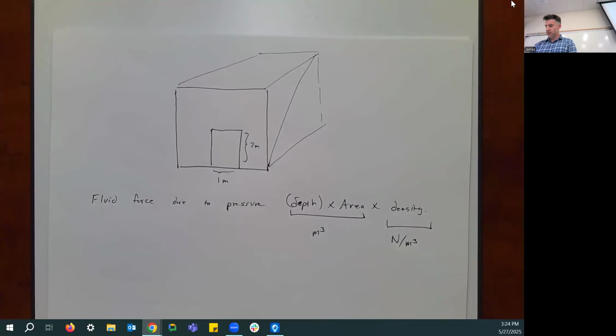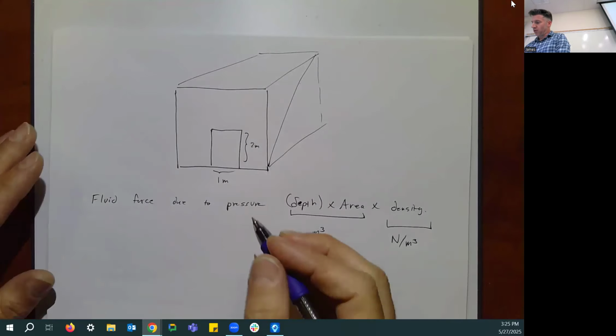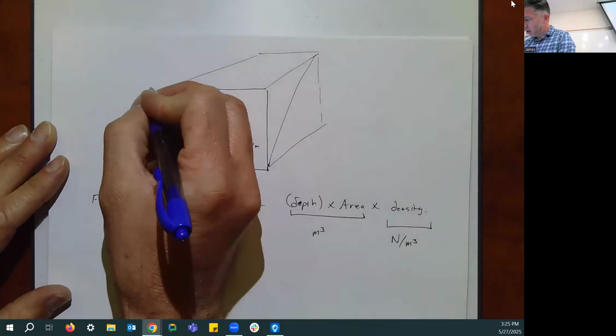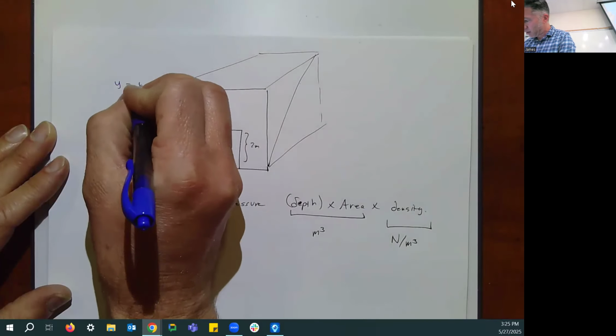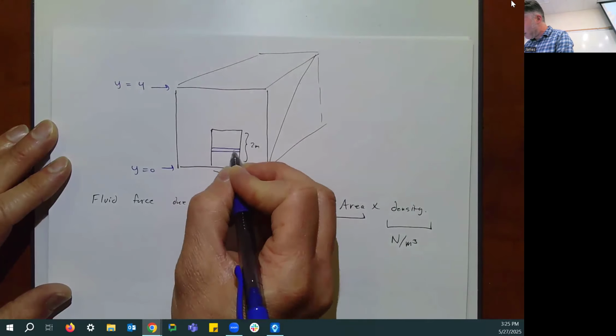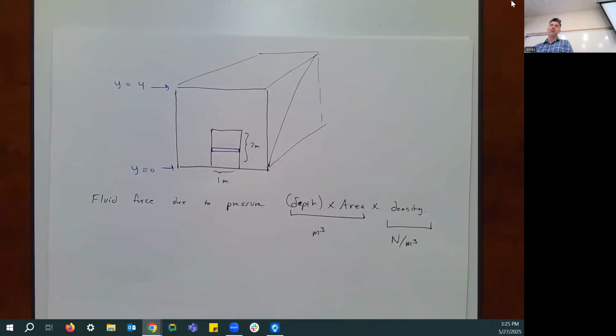Okay, so like in the previous problem, we're again going to think about something at a fixed depth, because that fixed depth is either how far it has to go for a work problem or how much water is on top of it for a fluid force problem. So same deal. Down here at the bottom is y equal to 0. Up here at the top is y equal to 4. We're going to pick a thin strip. The strip is two-dimensional, it's not a three-dimensional slice of water.